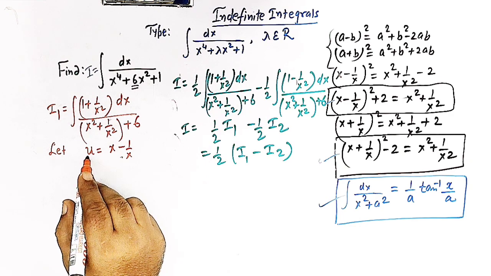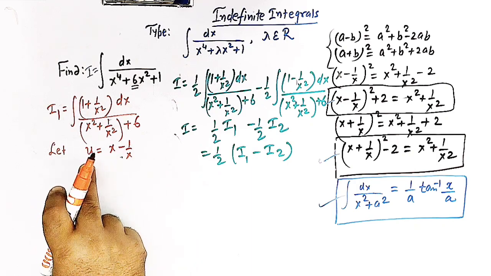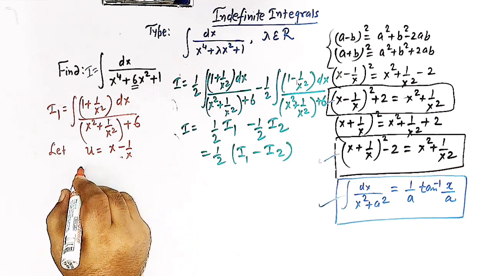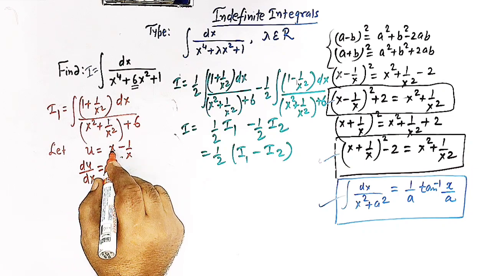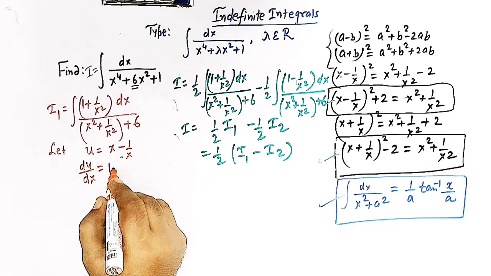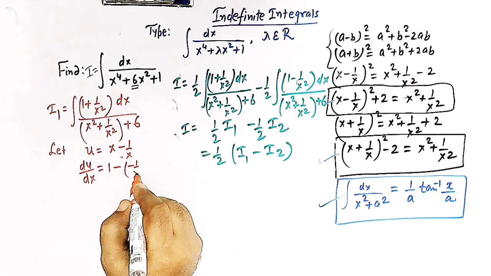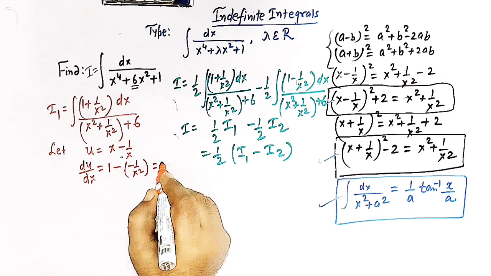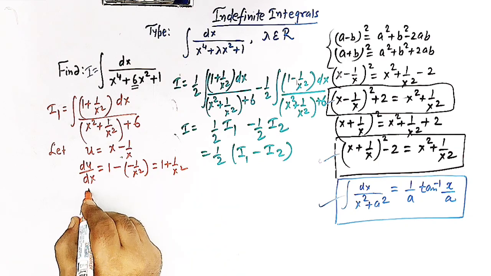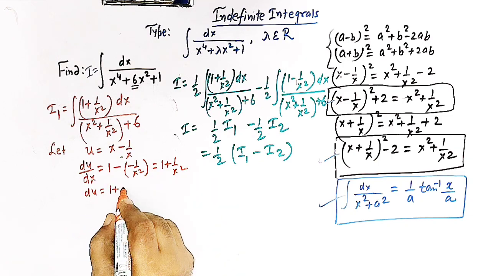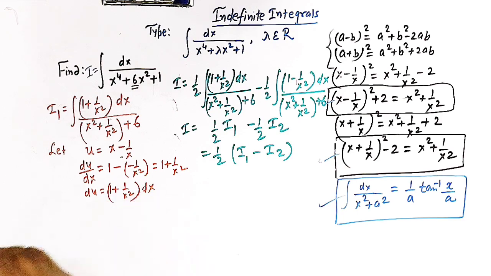So when we take u is equal to x minus 1 over x, and if we differentiate both sides with respect to x, then we have du over dx. The derivative of x is 1, and the derivative of 1 over x is minus 1 over x square, that is 1 plus 1 over x square, right? So du is now equal to 1 plus 1 over x square, and here we have dx, right?